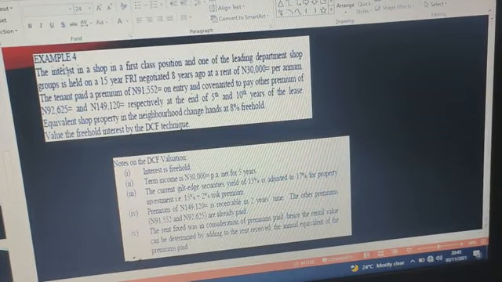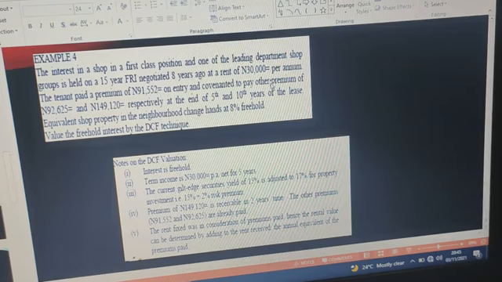Example 4. The interest in a shop in a first-class position and one of the leading department shop groups is held on a 15-year lease negotiated 8 years ago at a rent of N30,000 equals per annum.